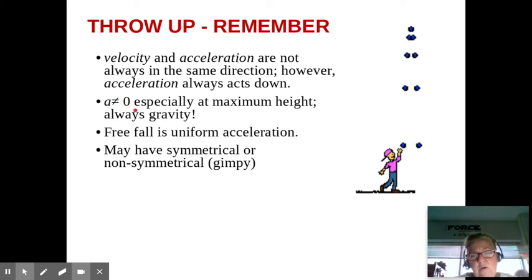Gravity will always be acting on the object. Free fall is uniform acceleration, so it's accelerating at 9.8 meters per second every second. That's uniform acceleration. Again, you may have symmetrical or non-symmetrical throw-up problems, and make sure you remember the difference between those.